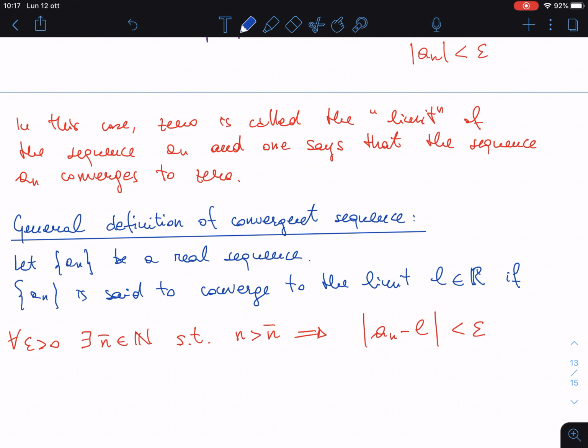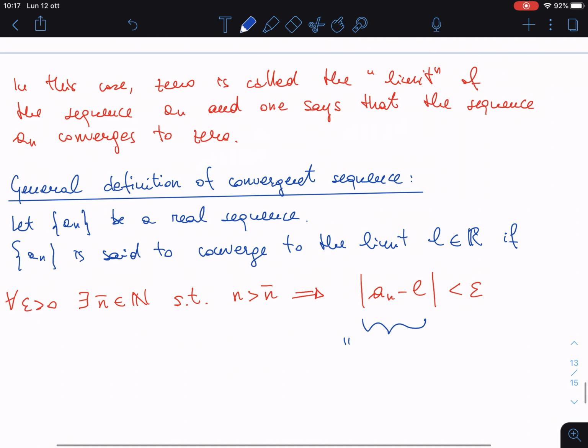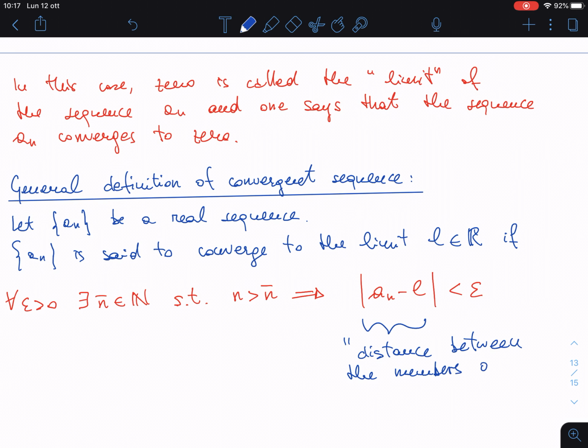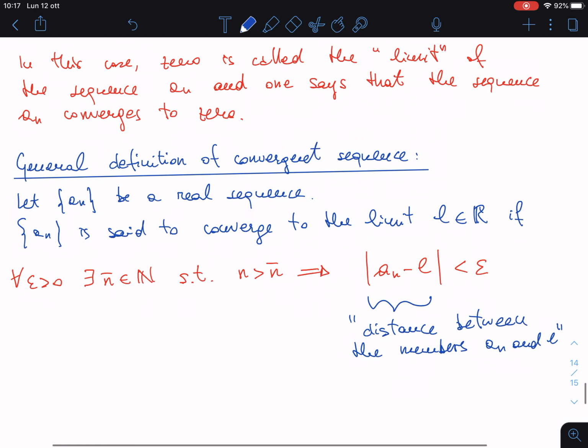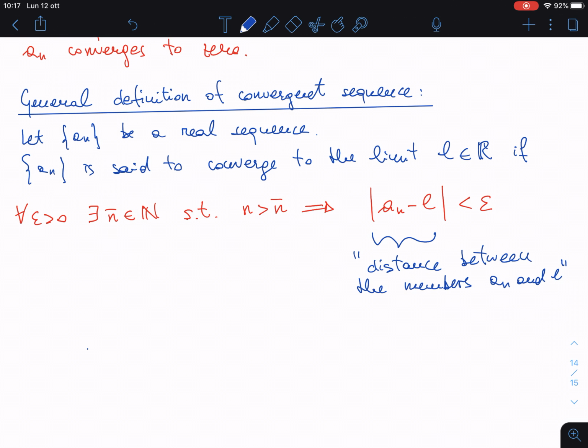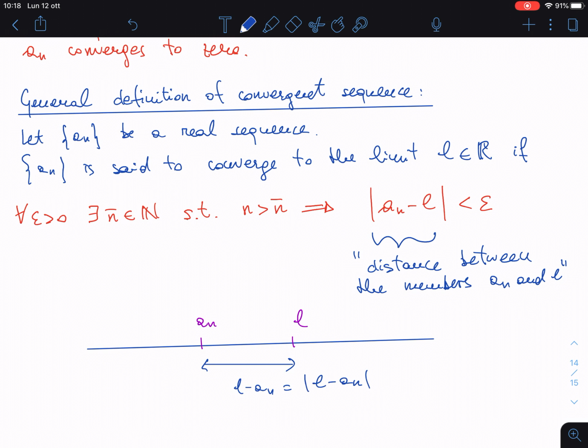I want to stress this fact. Absolute value of an minus L is to be interpreted as the distance measured on the line between the 2 points, or the numbers an and L. You can easily understand why it is so, because here you have, if this is the situation, the distance here, so the length of the segment of this interval is L minus an, which is exactly equal to the modulus of L minus an, since L is larger than an.